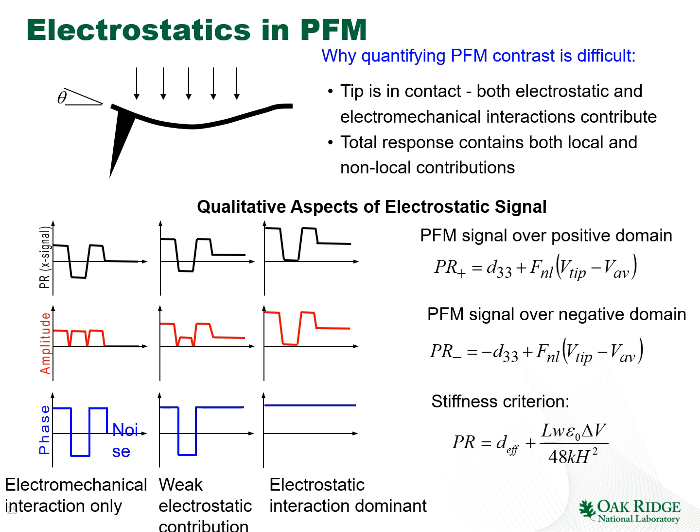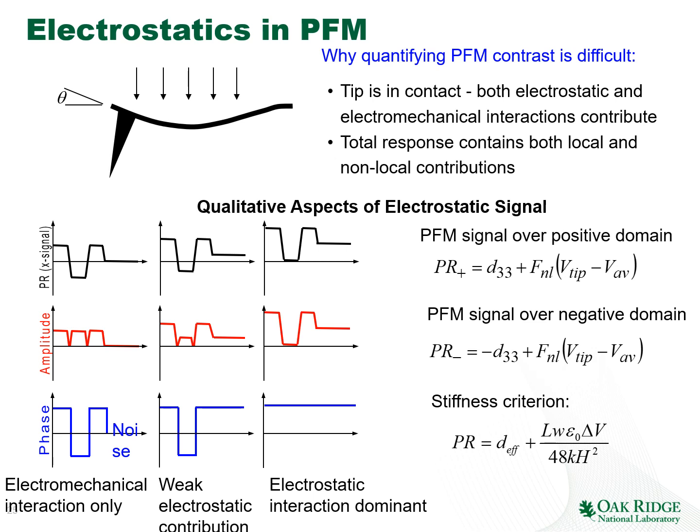We will be measuring the electromechanical response of the material, but we also will be sensitive to the distributed forces acting on the cantilever. These distributed forces will result in the same type of deformation as the vertical displacement of the tip end. So the total response will contain both local and non-local contributions.